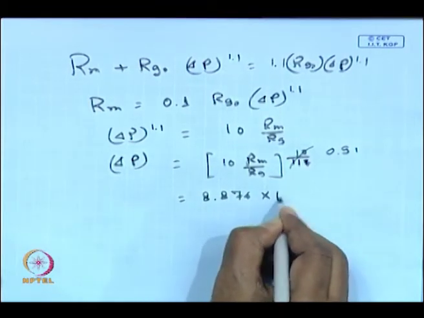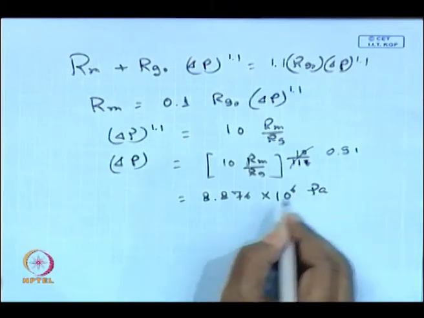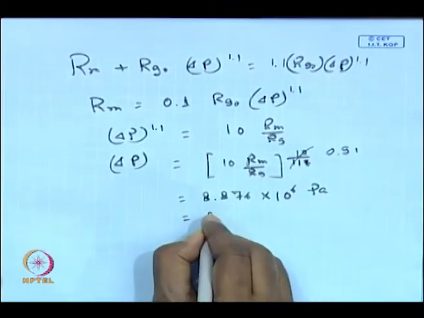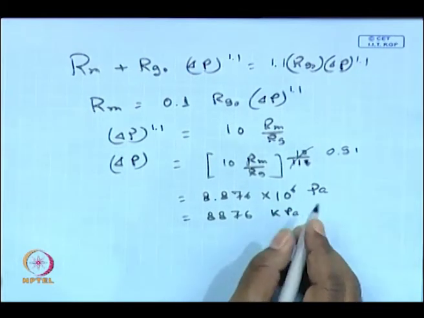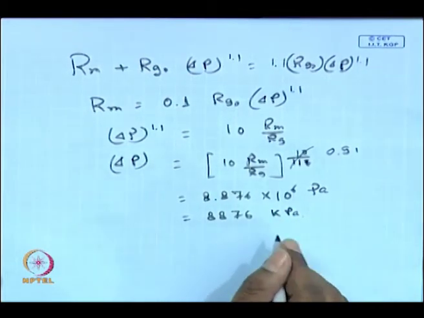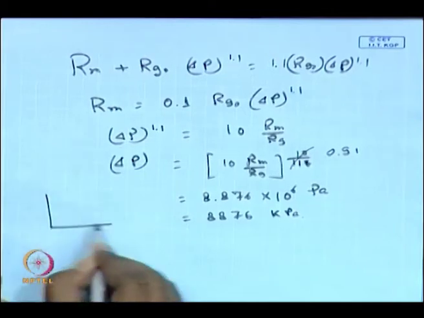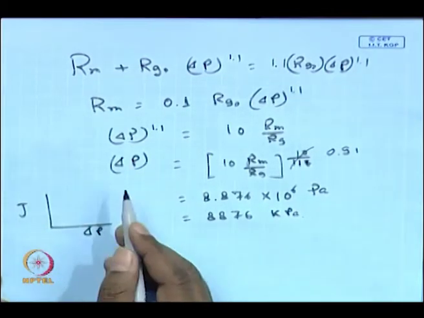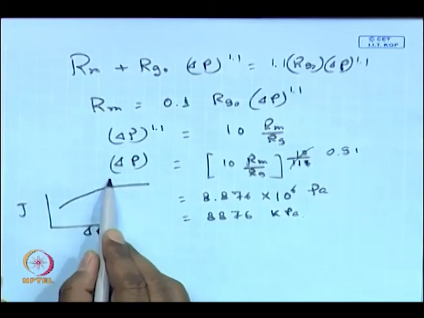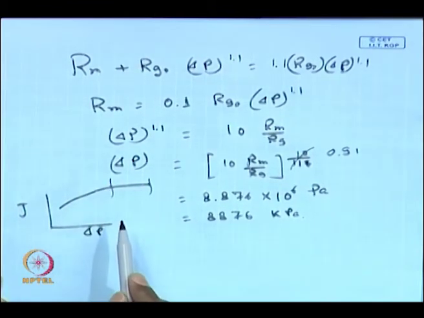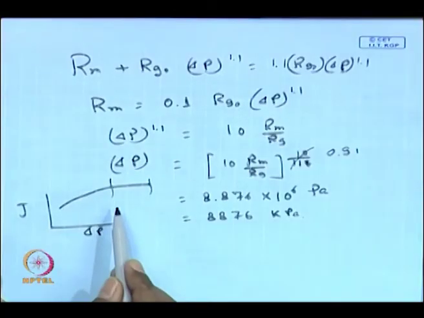Delta p will be around 8.876 into 10 to the power 6 Pascal, and in kilopascal it turns out to be 8876 kilopascal. So, it is extremely high. That means, if you plot J versus delta p, the plot will go something like this, and the pressure independent zone, where the gel layer will be almost incompressible, will occur at a very high delta p.